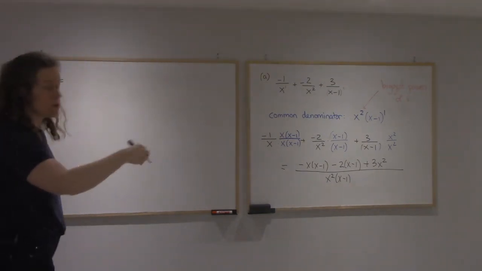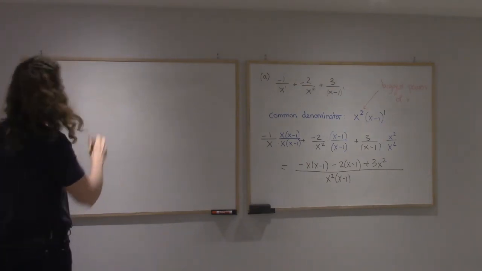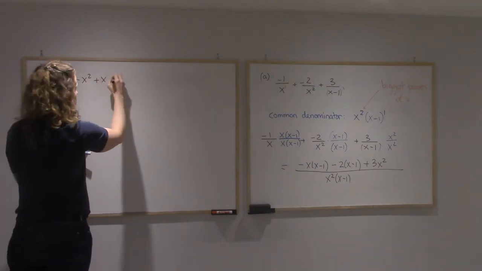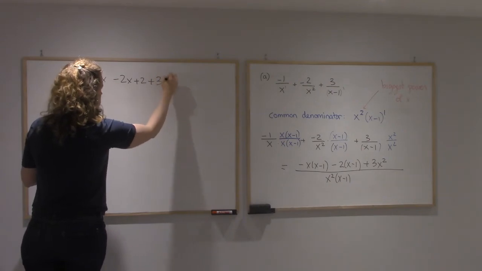Let me distribute and expand so everything cancels and I end up with a simple polynomial. I'll get minus x squared plus x minus 2x plus 2 plus 3x squared.